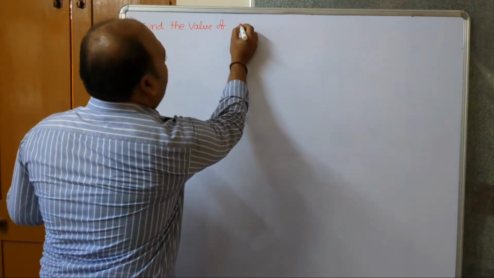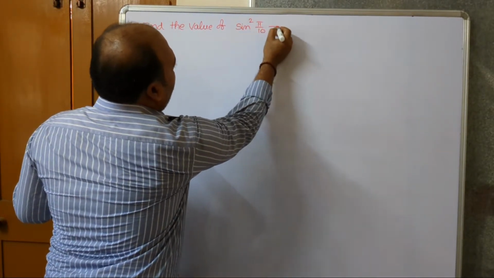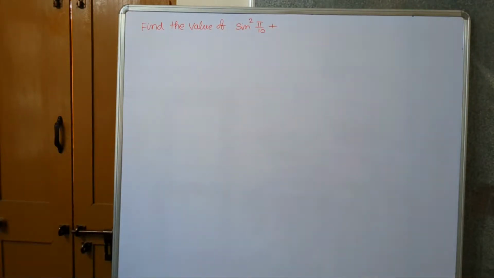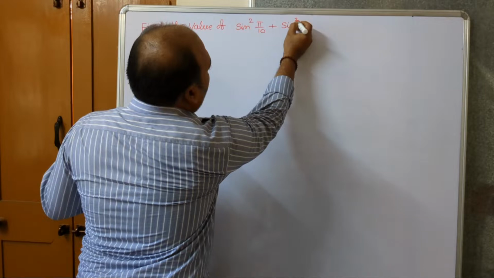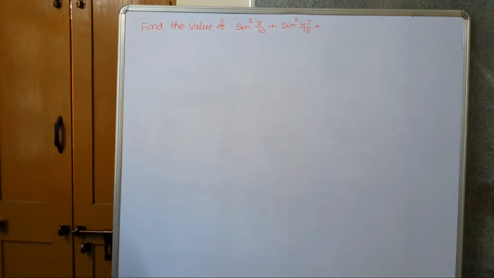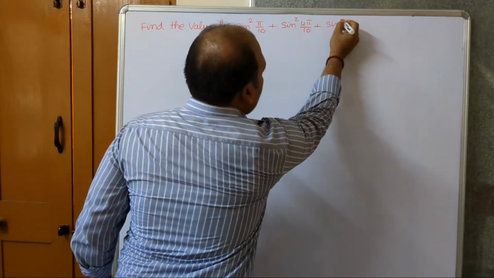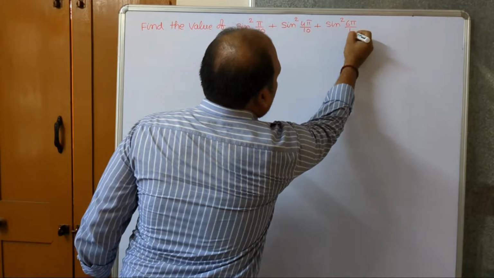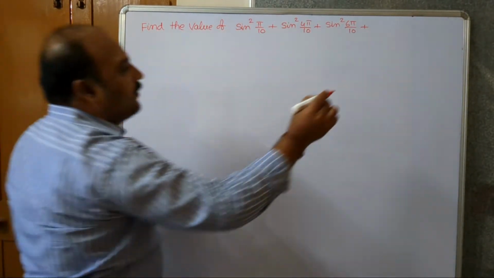sine square pi by 10 plus sine square 4 pi by 10 plus sine square 6 pi by 10 plus sine square 9 pi by 10.